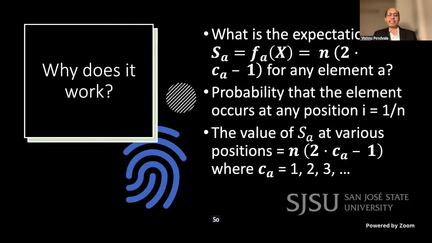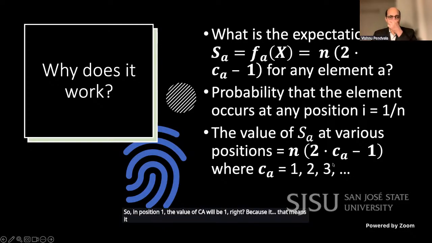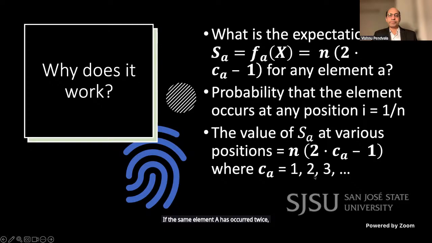At position 1, the value of CA will be 1, right? Because that means it has occurred only once. If the same element A has occurred twice in the second position also, then the value of CA will be 2. If the element A occurs in the third position also, the value is 3, so on and so forth, right?